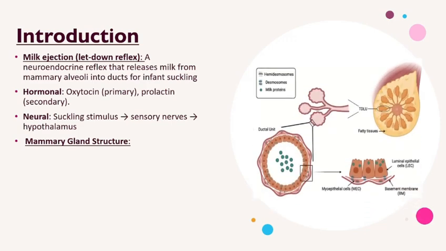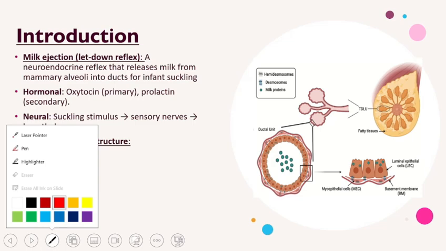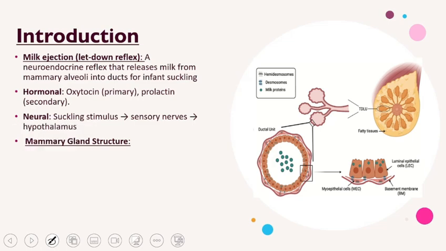Here you can see in the figure that this is a breast, and inside the breast there are so many lobes, lactiferous lobes, and inside the lactiferous lobes you can see there are so many alveoli or acini, which consist of the myoepithelial cells.